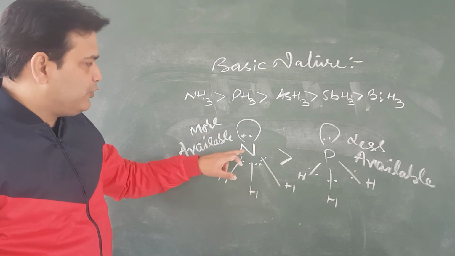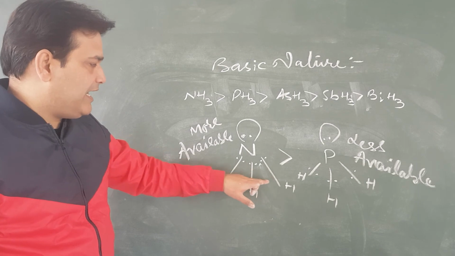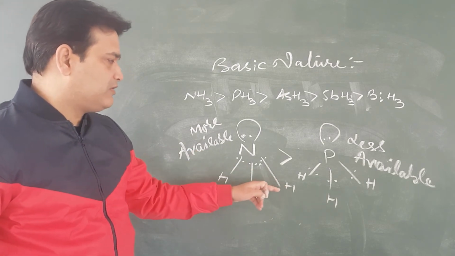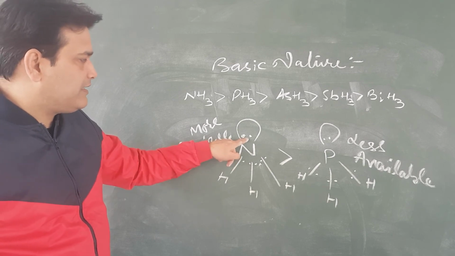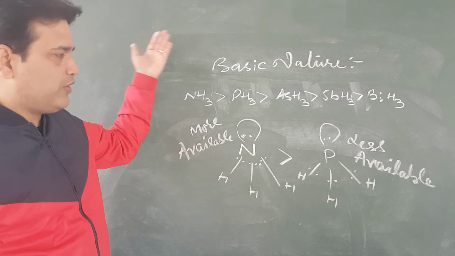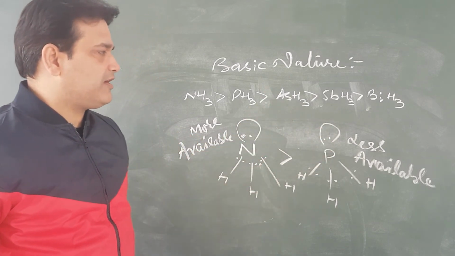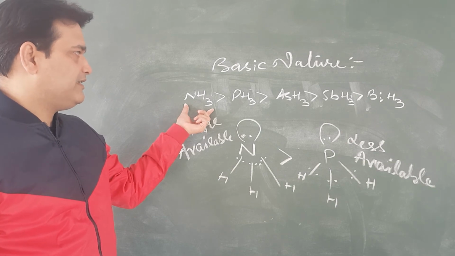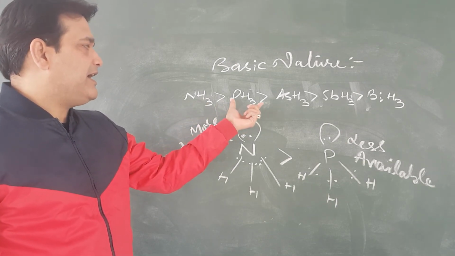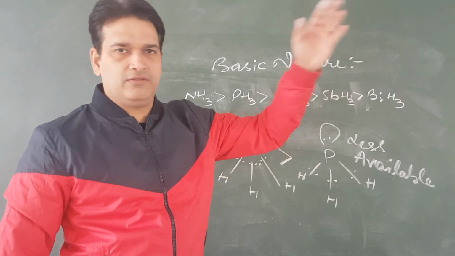So again, due to high electronegativity of nitrogen, the bonding electron pairs of the N-H bonds are more close to nitrogen, so this lone pair is more available for donation, and this lone pair is less available for donation. That's why ammonia is a stronger base than PH3, and PH3 is a stronger base than AsH3, and so on.